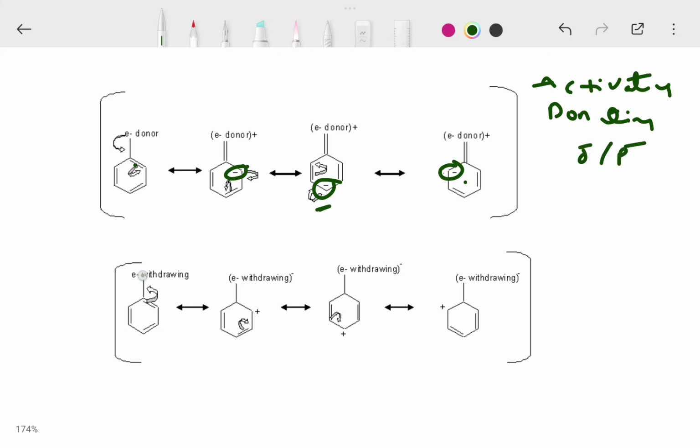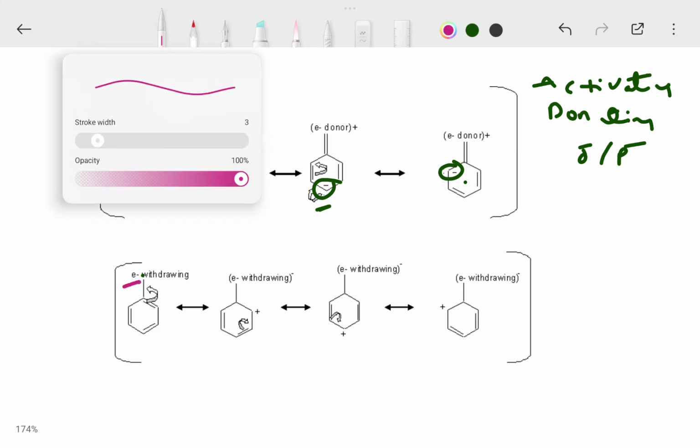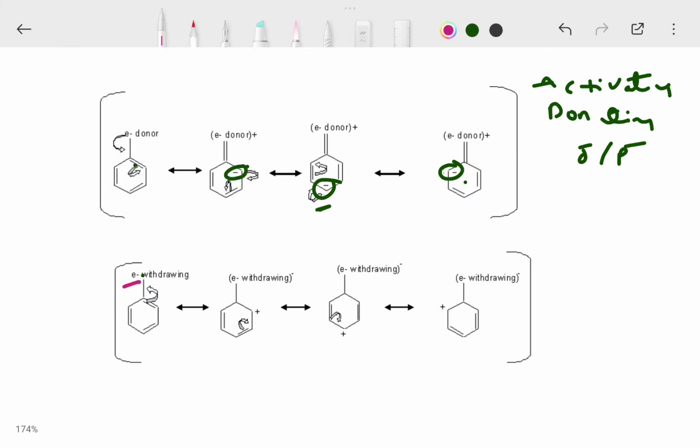If there is an electron withdrawing group on the benzene ring, these groups withdraw electrons from the ring. Here the electron density decreases on the benzene ring, and the electron density at ortho and para positions decreases. When compared with the meta position, ortho and para positions have less electron density.